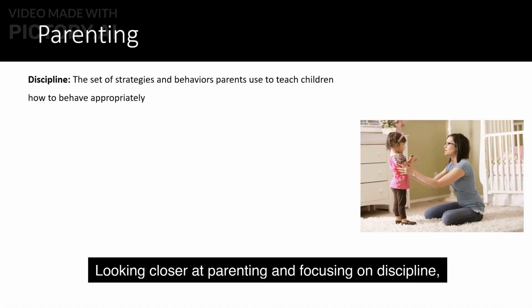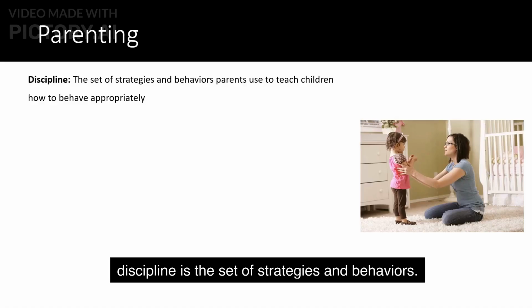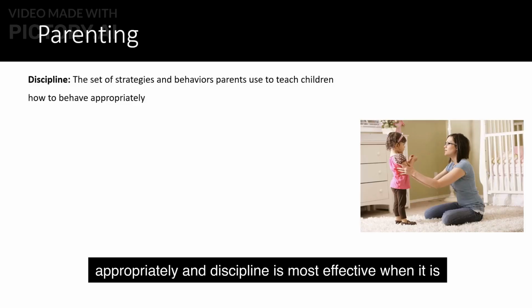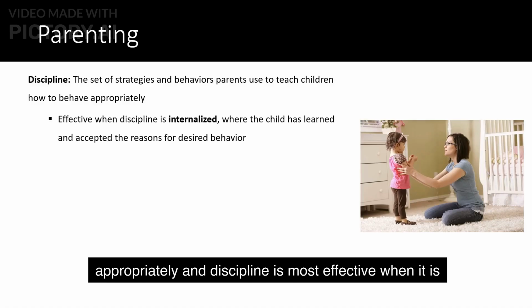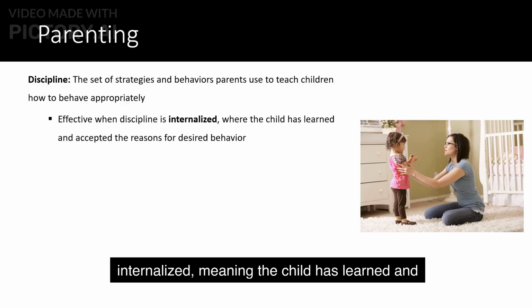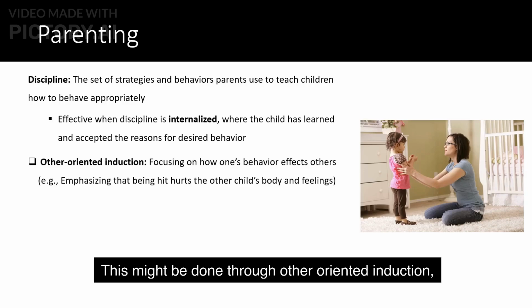Looking closer at parenting and focusing on discipline, discipline is the set of strategies and behaviors parents use to teach children how to behave appropriately. And discipline is most effective when it is internalized, meaning the child has learned and accepted the reasons for the desired behavior.